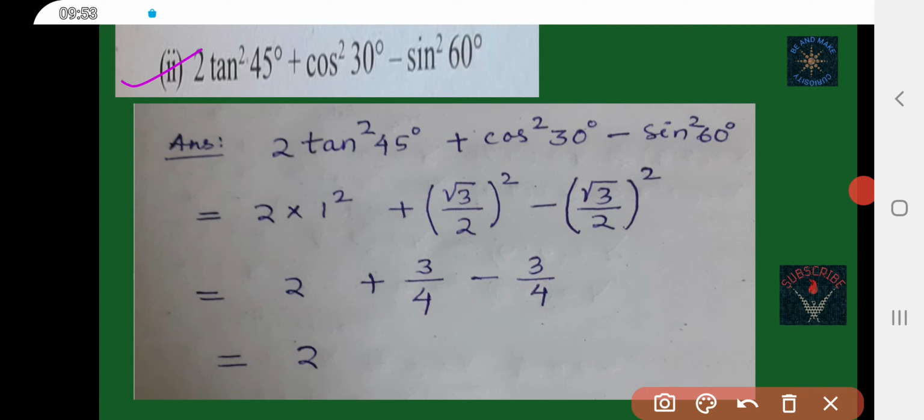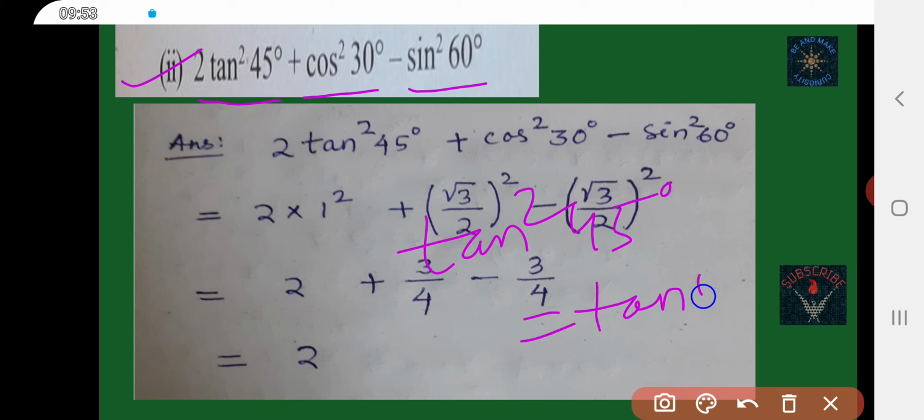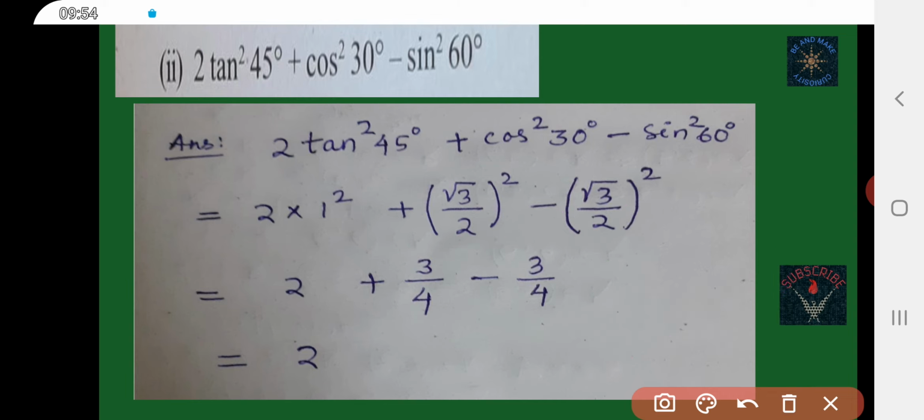Second part. Here 2 tan square 45 degree plus cos square 30 degree minus sin square 60 degree. So you know that tan square 45 degree can be written as tan 45 degree whole square, and tan 45 degree is equal to 1, so 1 square is equal to 1. So here 2 into tan square 45 degree is 2 into 1 square.